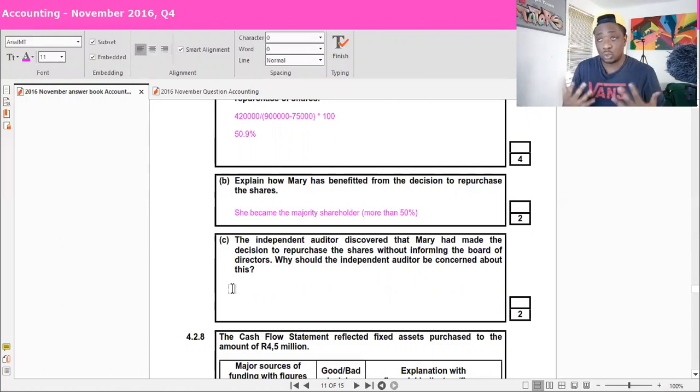In that case, it would display some form of bad corporate governance, because you ought to be transparent to the rest of the board about the decisions that are being made. It's bad corporate governance, and it means that she's not being transparent.